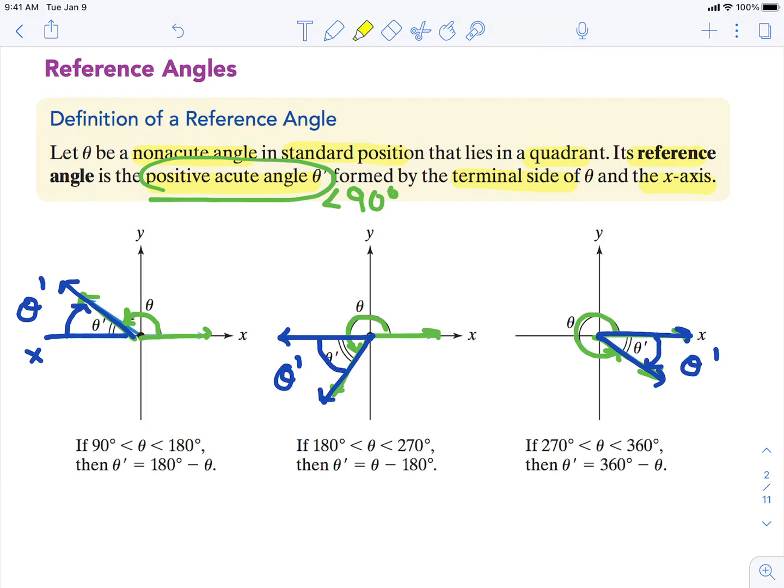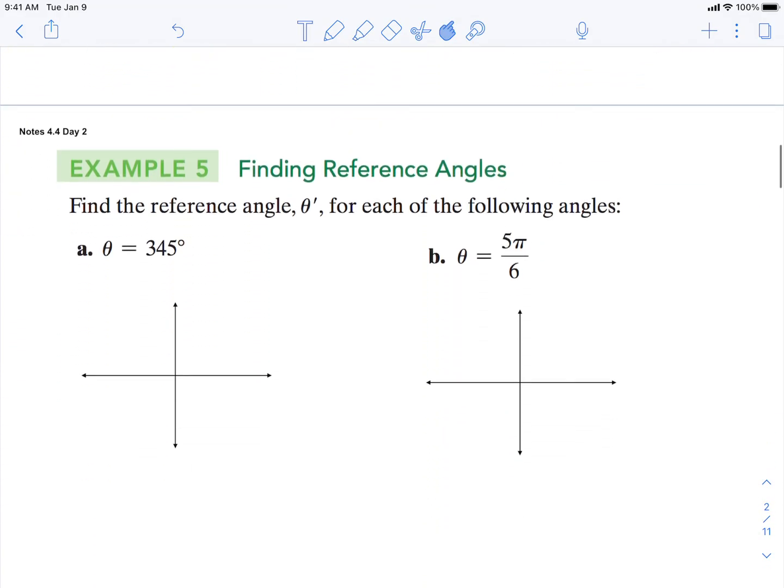So how you find them is you can subtract theta from 180 degrees, or 360 degrees. So you can find the measure of this angle, and that angle there. So let's go ahead and practice it.